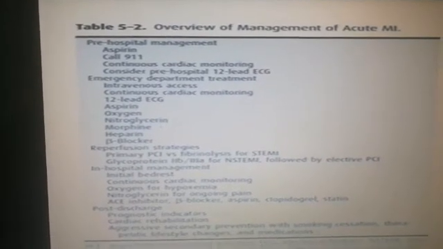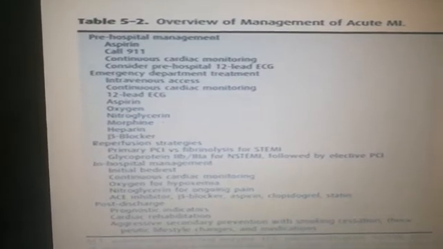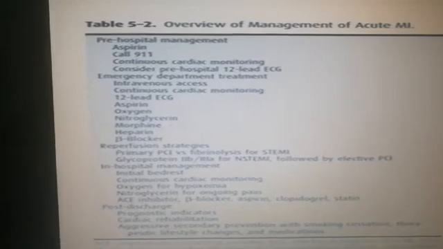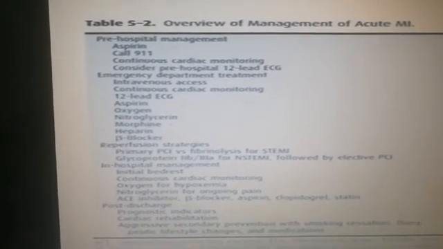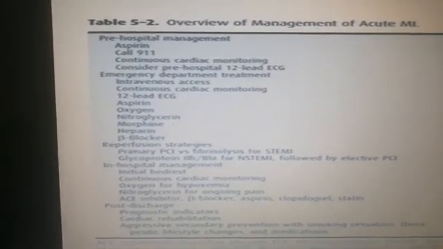Pre-hospital management: aspirin, call to the emergency department, and continuous cardiac monitoring. Consider pre-hospital 12-lead ECG and emergency department treatment.